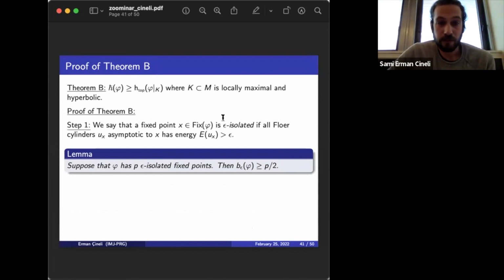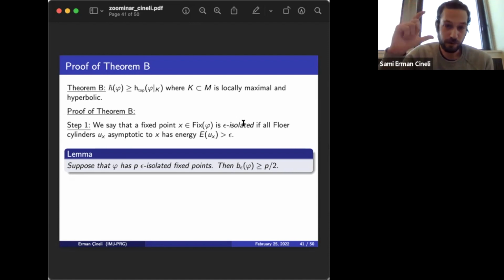We say that a fixed point of phi is epsilon isolated if all Floer cylinders, these are solutions of the Floer equation that defines the differential in the complex, asymptotic to x have energy at least epsilon.